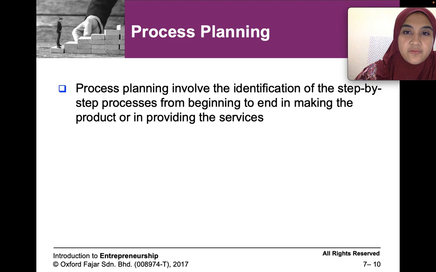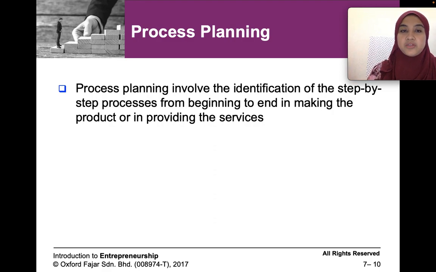The process planning involves the identification of the step-by-step processes from beginning to end in making the product or in providing the services. So it is step-by-step in order: how to make a cake, how to make a product, how to make a chocolate, how to cut hair for the customer, how to serve food to the customer, how to give education to the customer, for example.